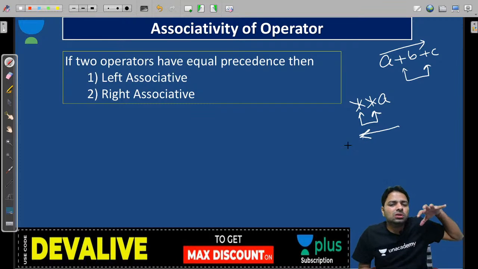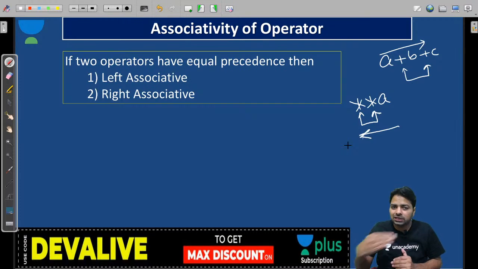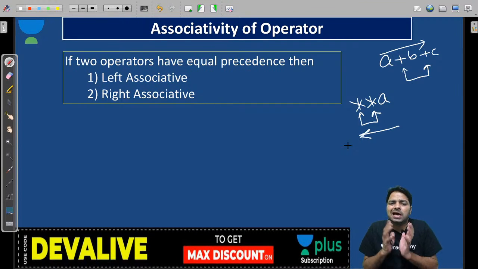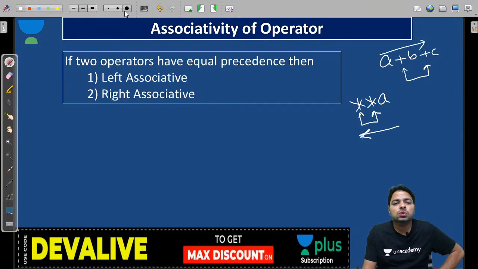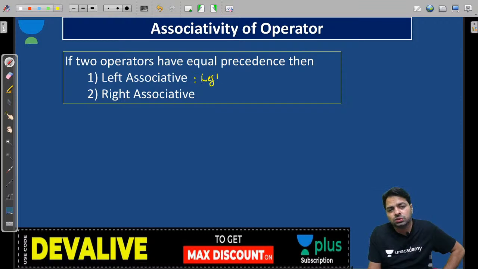So it depends on the operator. Either you will have left associative or right associative. When two operators have equal precedence, associativity helps you understand which one should be evaluated first. Left associative is called left to right associative. Right associative is called right to left associative.